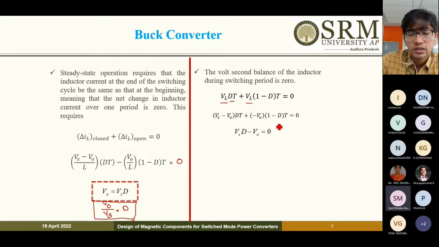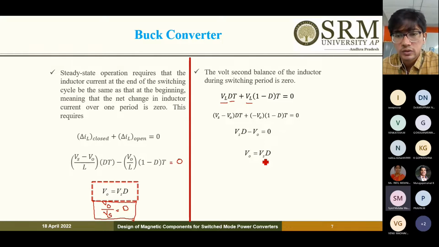If we simplify this, the output voltage will be V0 equal to Vs into D. From this, the voltage gain V0 by Vs will be equal to D. This is nothing but a DC equivalent of a step down transformer.